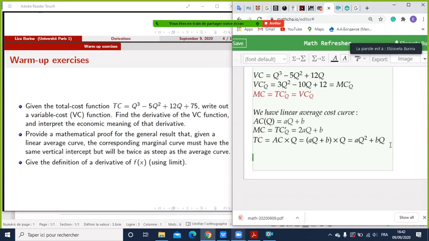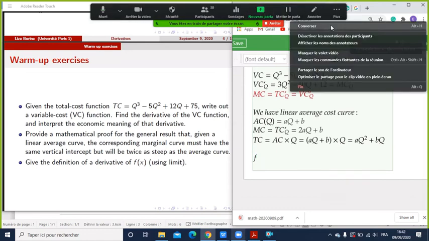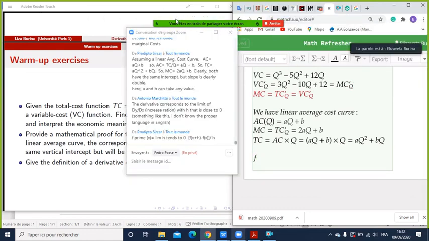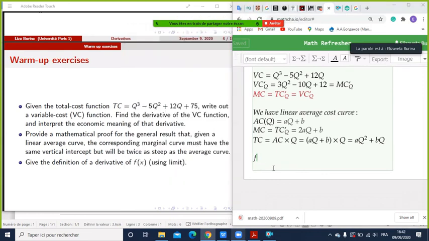Yeah, we said F. Wait, I want to use the same. So H. Okay, so the derivative of F, the first derivative of F with respect to x, will be equal to a limit. Oh, I think I can do the limit.